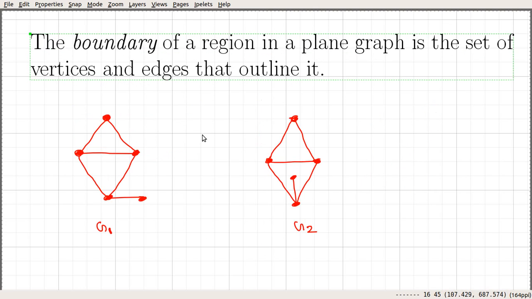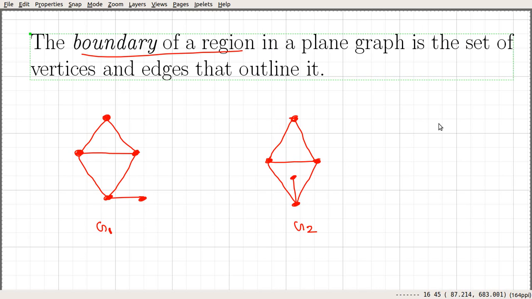And then we can talk about what is called the boundary of a region. A boundary of a region in a plane graph is a set of vertices and edges that outlines it. So let's consider this particular graph and this particular graph.